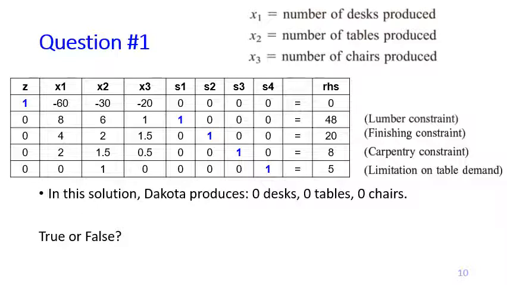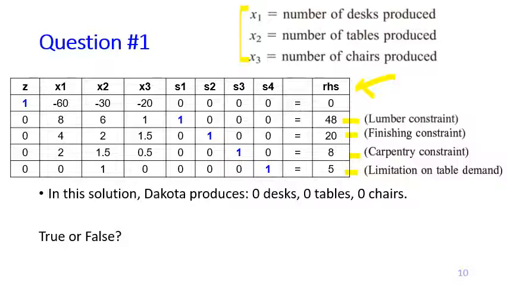So right now I just want to give you some questions to check your understanding about what we've discussed so far. In the Dakota problem, given the decision variables, given the BFS here, and each of these corresponds to a particular constraint in the Dakota problem, there is a statement saying that in this solution, Dakota produces 0 desks, 0 tables, and 0 chairs.